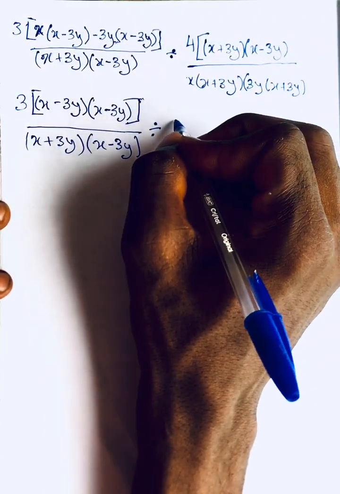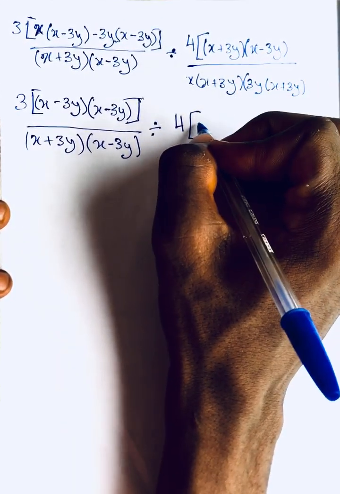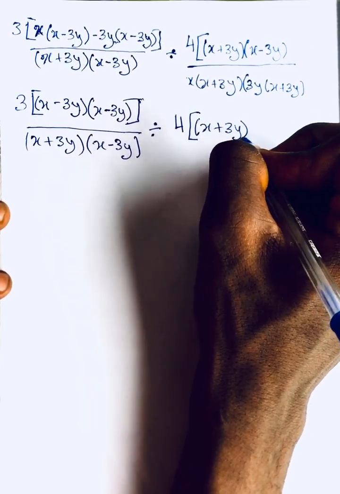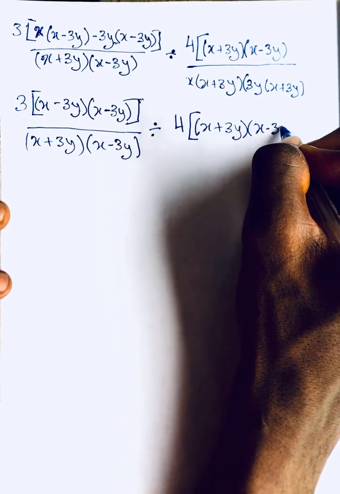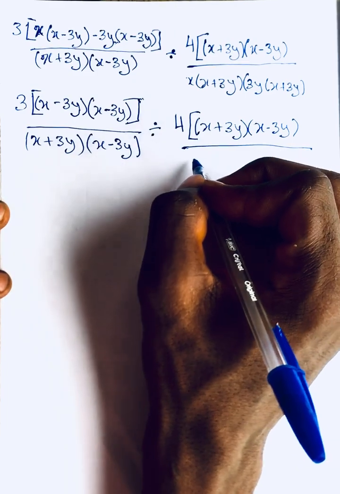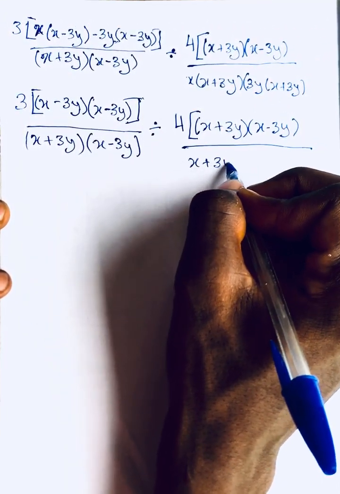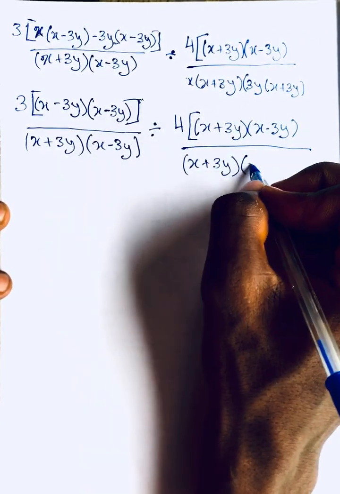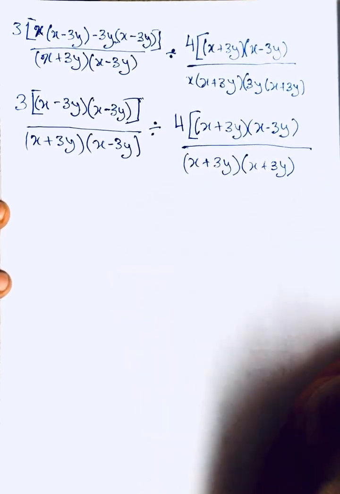We have 4 to bracket x plus 3y to bracket x minus 3y, all over x plus 3y times what? x plus 3y.